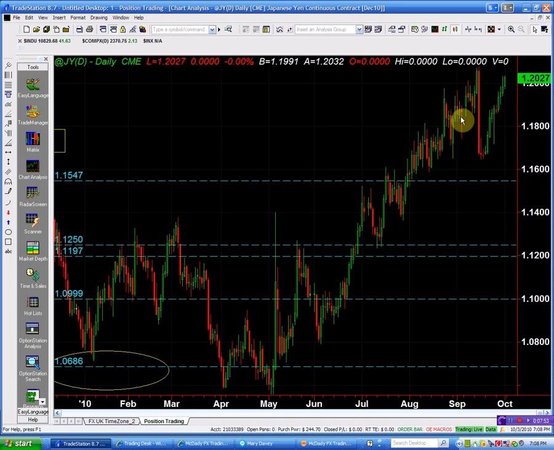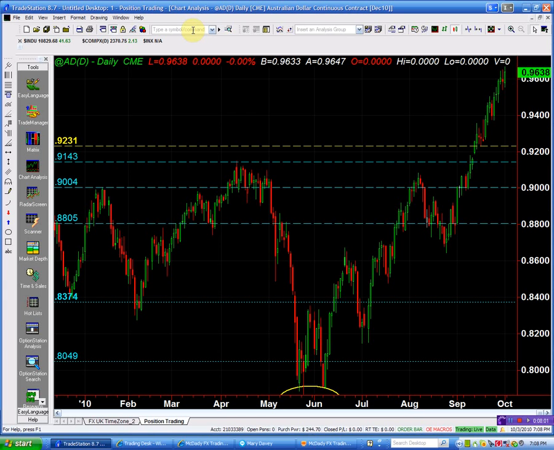But if I'm going to make a comparison between the yen and the Aussie, you can see that the Australian so far is stronger than the yen. So the yen is strong, but based on the charts, the Australian is stronger than the yen.